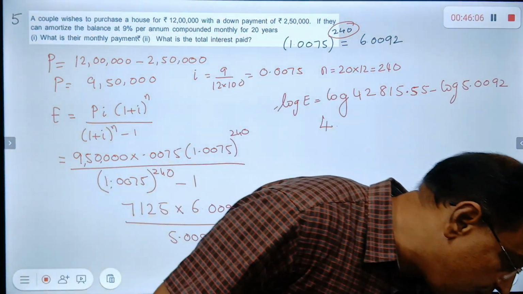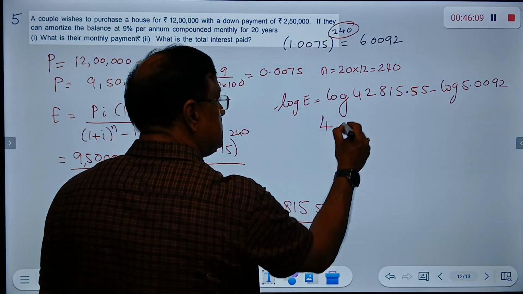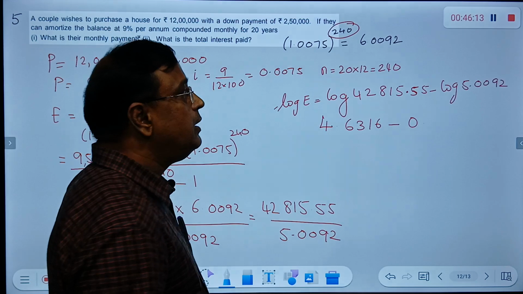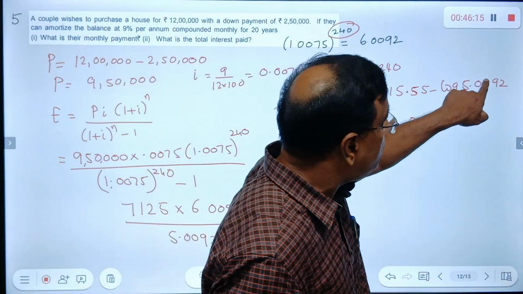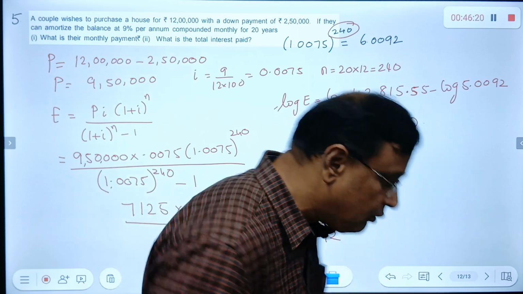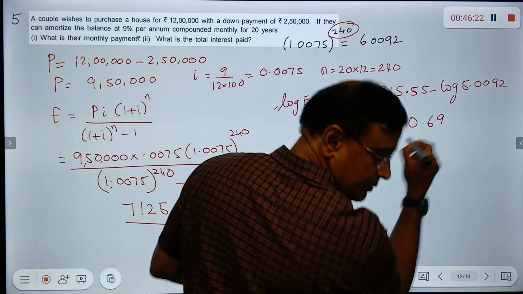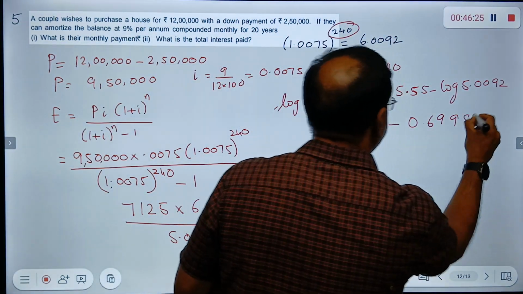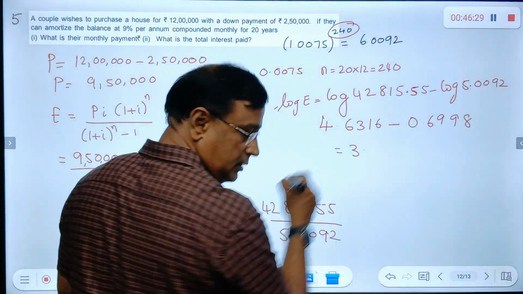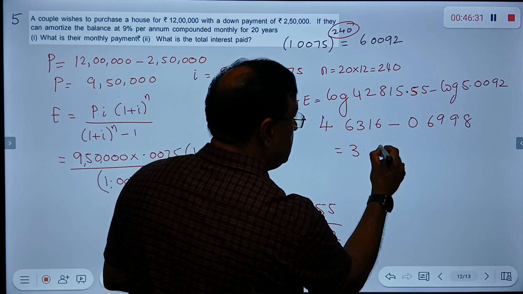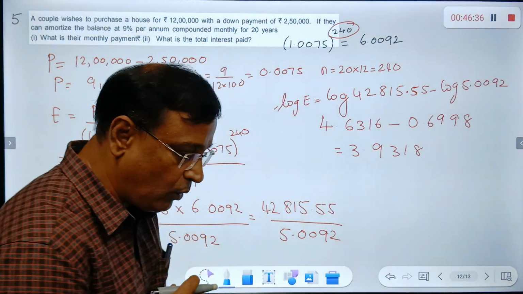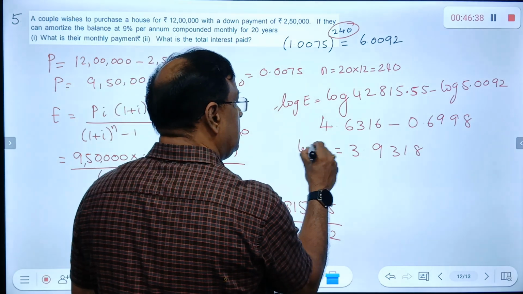When you look at 4282, I think it is 6316 minus 0 point, here you look at 5009. Don't look at 2. 5009 will be 6998. So if you subtract, you get 3.9318. This is log E.